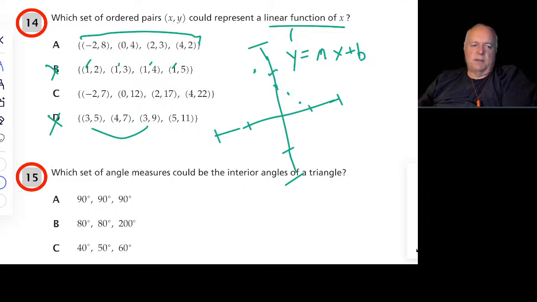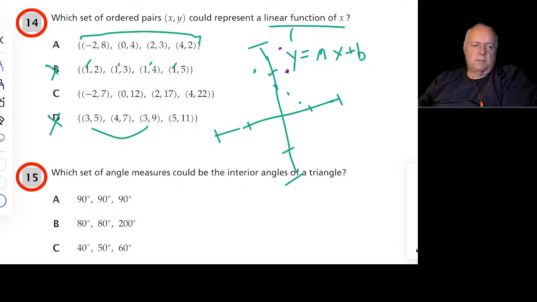Let's change the color of the pen and check out another. We have 3, 5, which is about right there. We have 4, 7. That's about right there. Oh wait, sorry, I'm using the wrong choice.